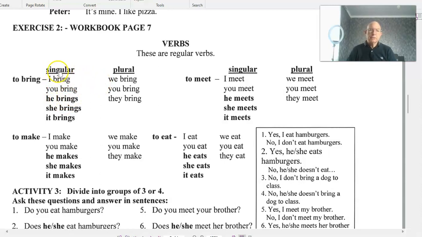The singular form of to bring is I bring, you bring, he brings, she brings, it brings. And again, we're starting each of those examples with a pronoun, right? We don't say who, so we're replacing the actual name of the person with a pronoun. The plural is we bring, you bring, they bring.